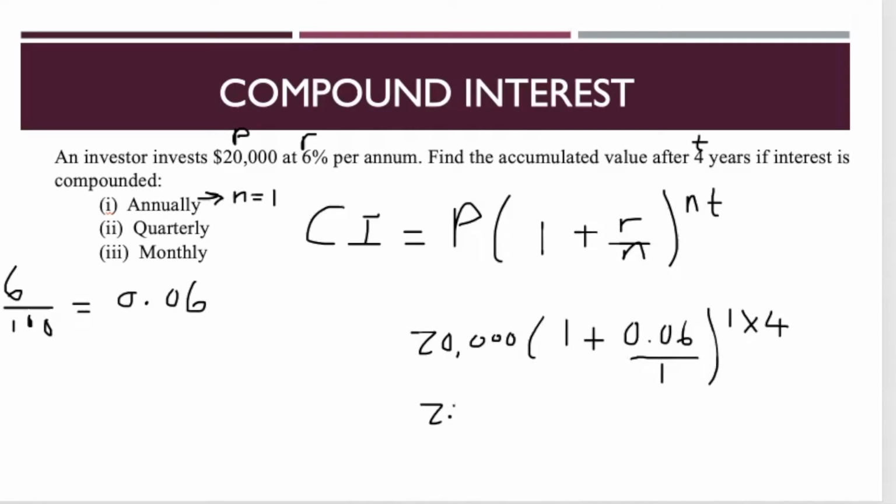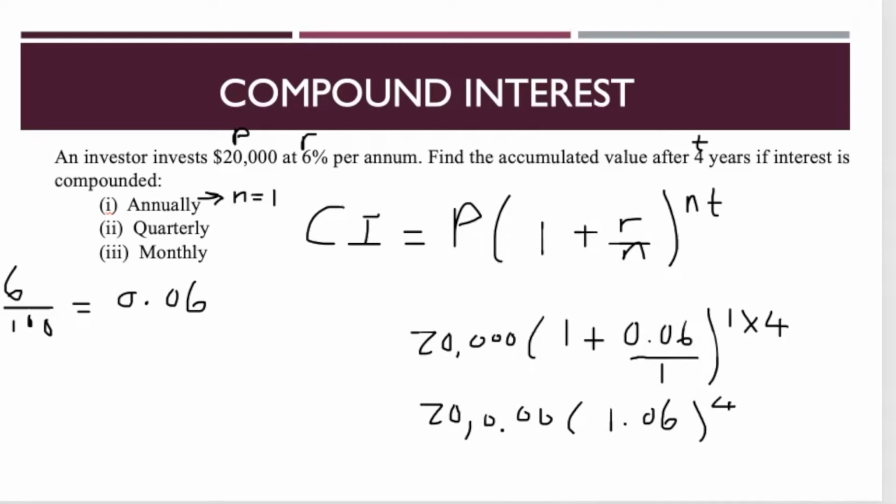So we have 20,000, and then 0.06 divided by 1 just gives me 0.06. So 1 plus 0.06 is 1.06. And then 1 times 4 is 4. Now we can enter this into our calculator.